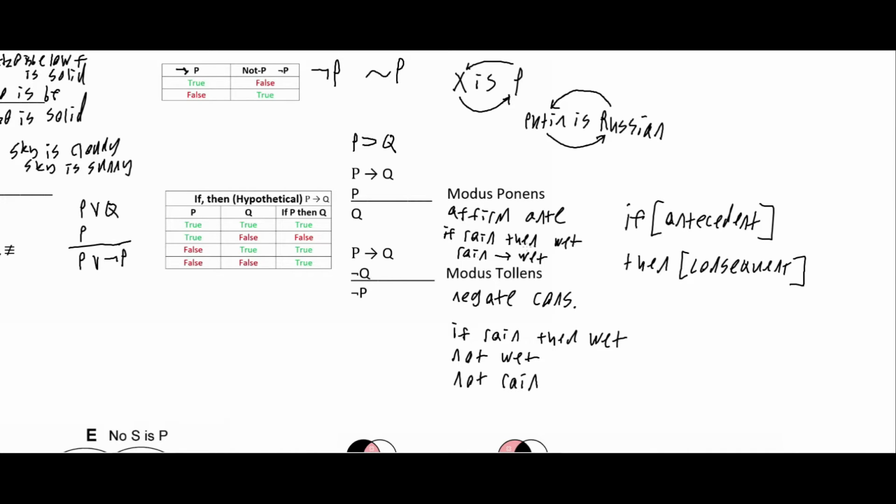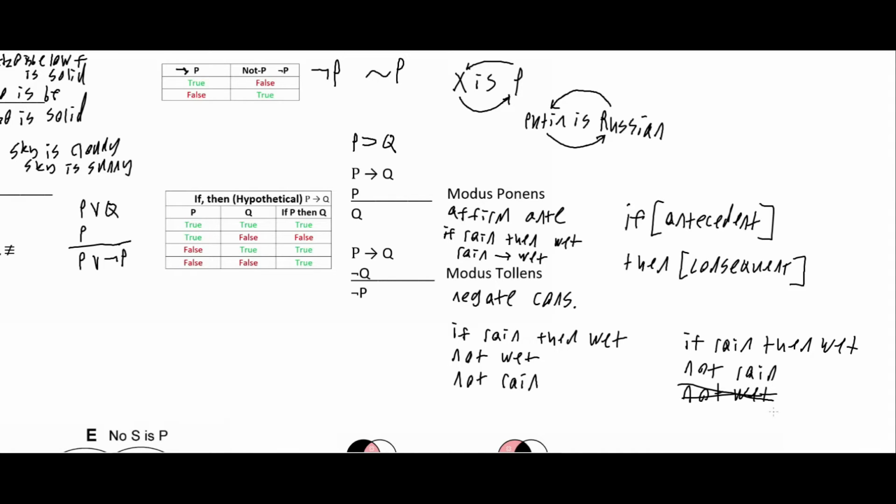But what we can't do is negate or deny the antecedent. If we say, if rain, then wet, then we say not rain, we are not able to say not wet, because there could be some other reason that it is wet outside.